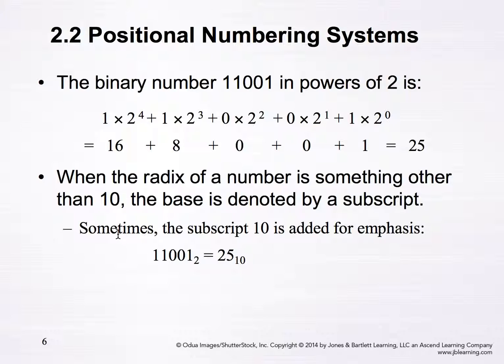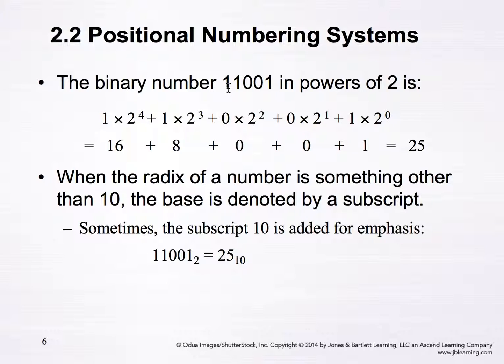Similarly, we also have the positional numbering system in binary numbers. For example, consider the number 11001 in base 2, represented as follows. Similar to the decimal number, the first digit here has index 0, then index 1, index 2, index 3, and index 4.